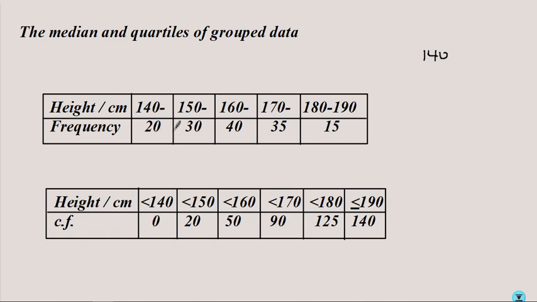So we have already lost some accuracy. We have lost some details. So what does it mean to look for (140+1)/2? It is really looking for accuracy where accuracy is not available. So in the case of group data, the median can be located at n/2.